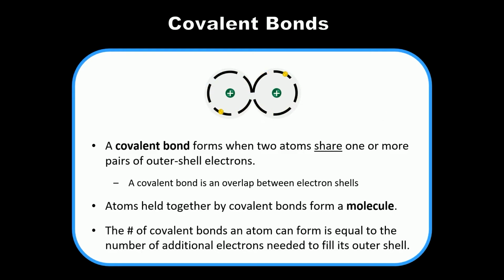Every atom that we talk about in this class that's larger than hydrogen is going to want 8 electrons in its outermost shell, and it can get those 8 electrons by either sharing them, giving them away, or stealing them. So we'll see some other examples where it's a little bit more extreme, but covalent bonds are all about sharing.